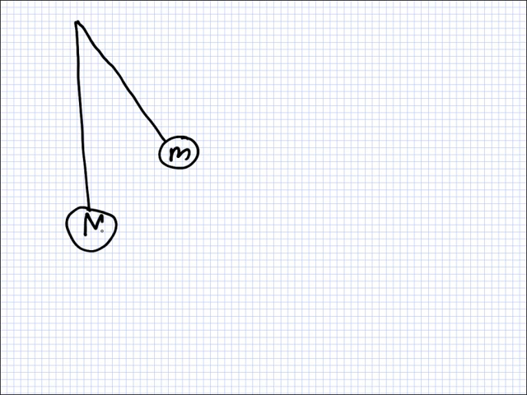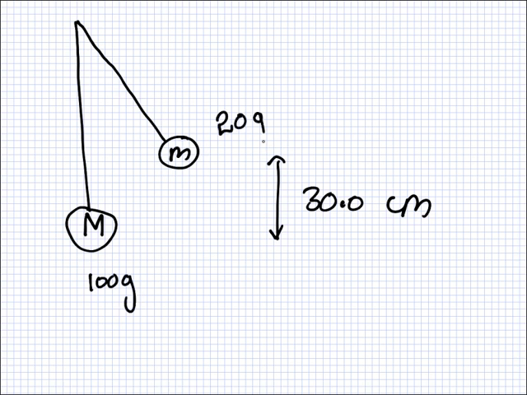Okay, number 8 from the conservation of momentum is you have a picture like this. I'll draw it. You have a mass here, M, and then you have a bigger mass down here, M, and this distance here is 30.0 centimeters. The big one is 100 grams, and the small one is 20 grams.